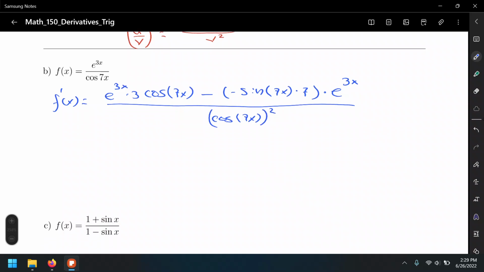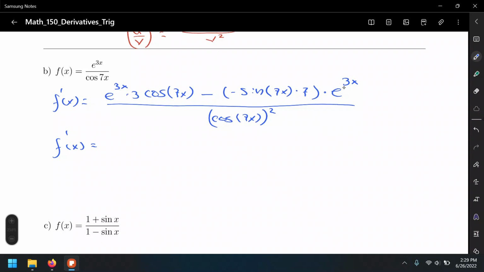Okay, so there's really not much to simplify over here other than just clean up some parentheses and negative signs, and that's it. Even trigonometric identities, I don't think they're useful here.